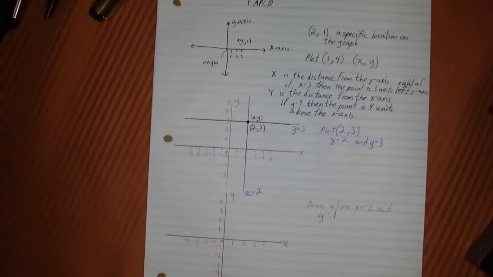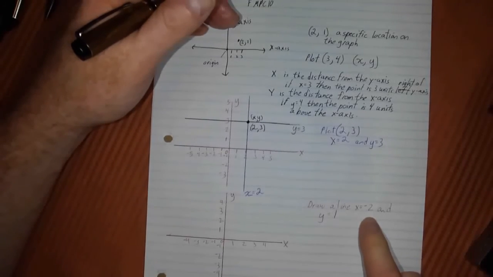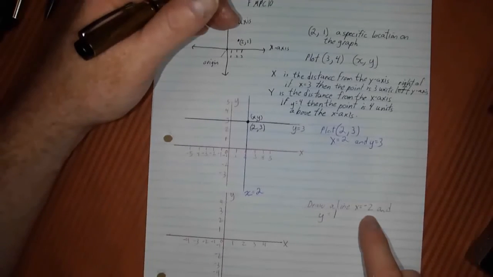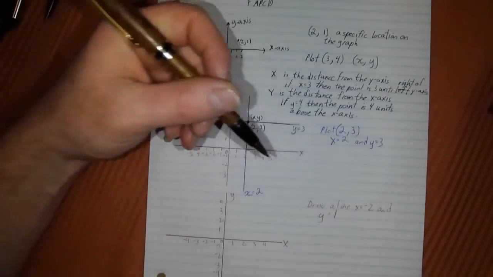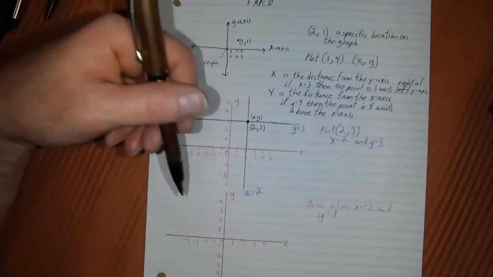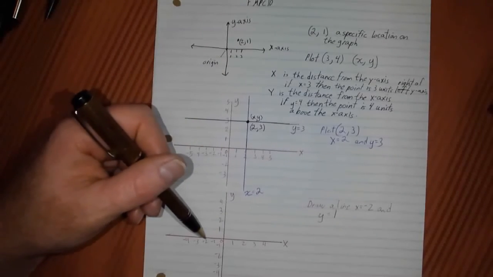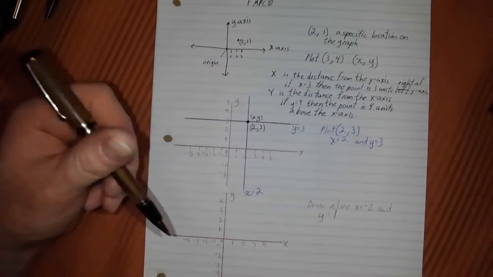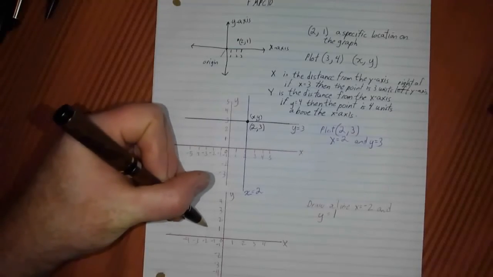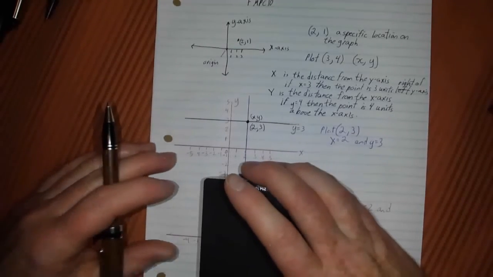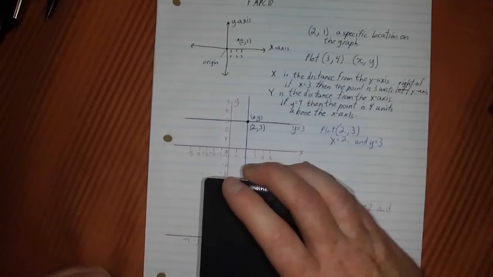So drawing those lines, well, x equals minus 2. Minus tells us we're going to be to the left of the y-axis, 2 units over. Well, this one's 2 units over. So is this, so is this, so is this. And if you went through, you'd find that this is a vertical line.